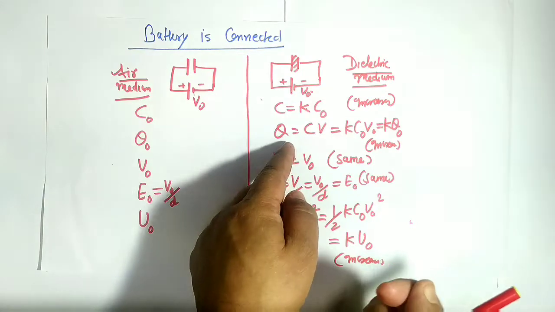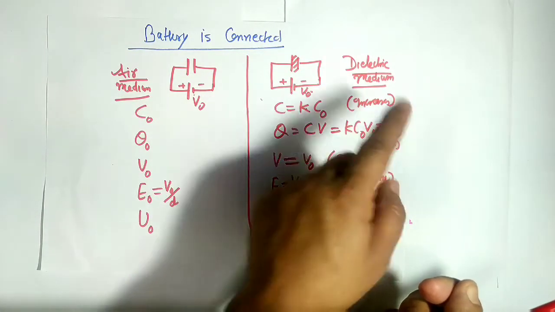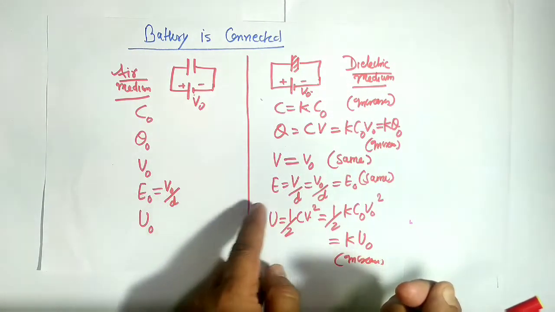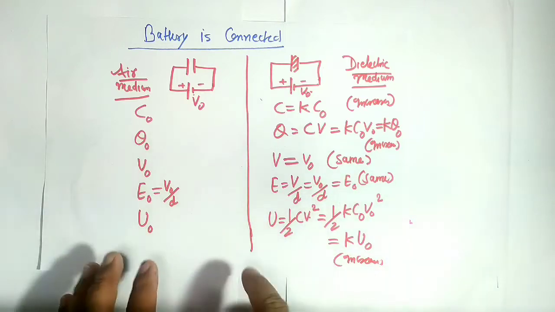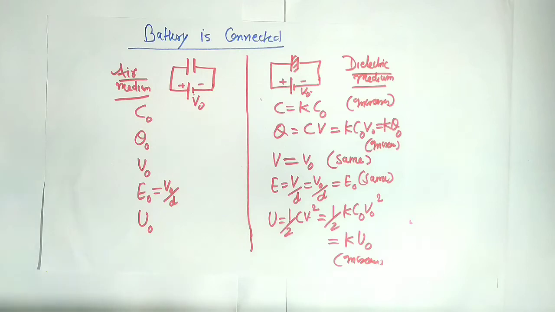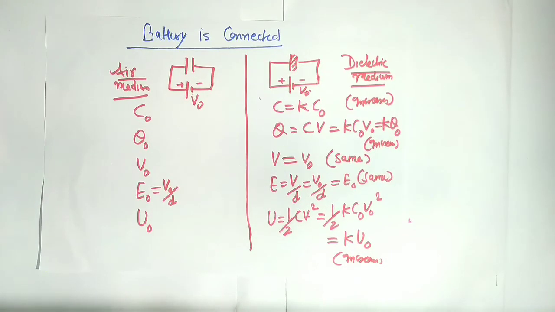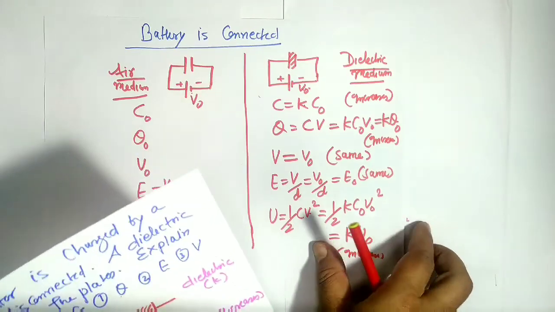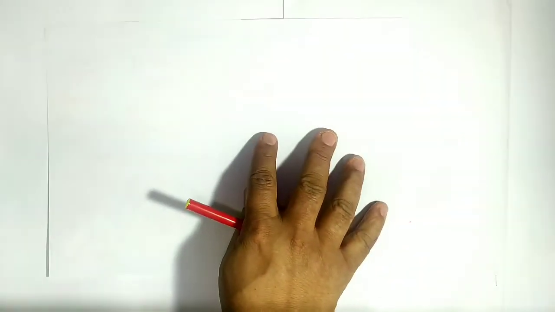Capacitance will be KC naught. Charge becomes K times Q naught. Potential difference is the same. Electric field is the same. But the energy is K times U naught. So there are two cases. One is battery connected and another is battery disconnected. So this is the content of the chapter.